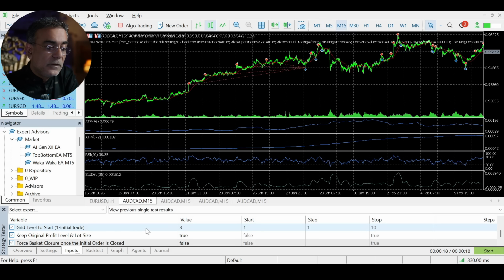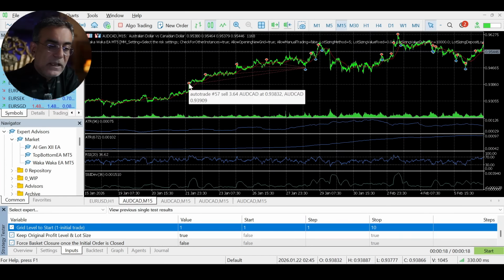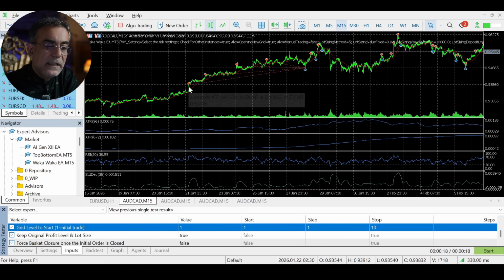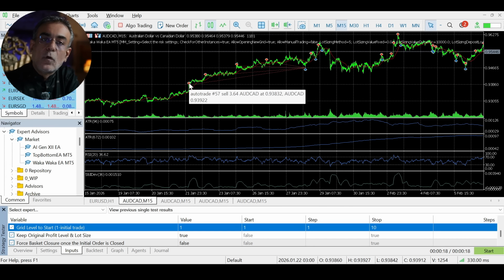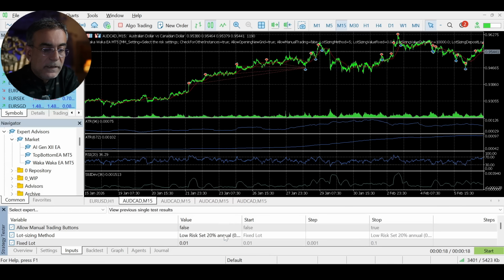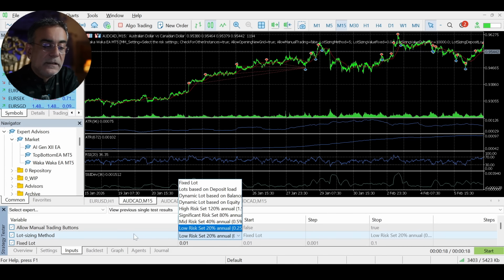Very clever. So the difference between the three is, if you have this grid level to start as the normal default 1, then from the first time that the RSI hits the 65 or whatever level you have specified, it will open up the trade normally with the lot sizing based on whatever you have selected here in the lot sizing method.